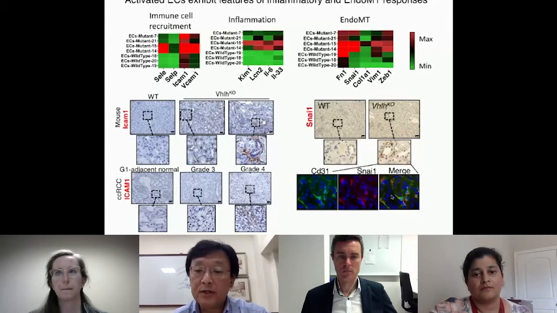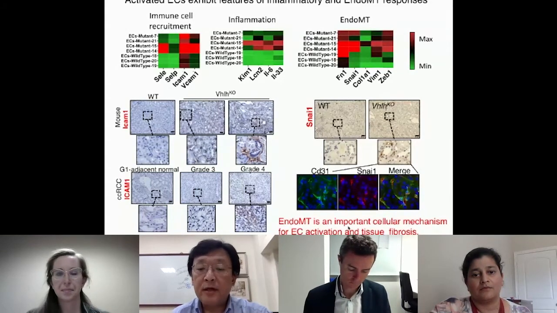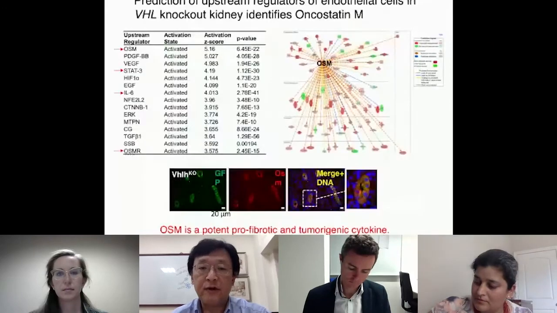In the double staining, you can see SNAIL1 is expressed in these vasculature. EndoMT is in fact a very important cellular mechanism for endothelial cell activation and tissue fibrosis.